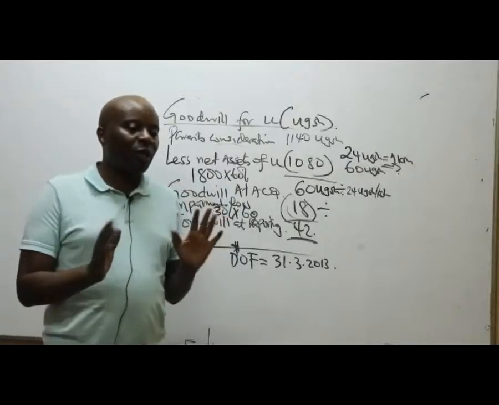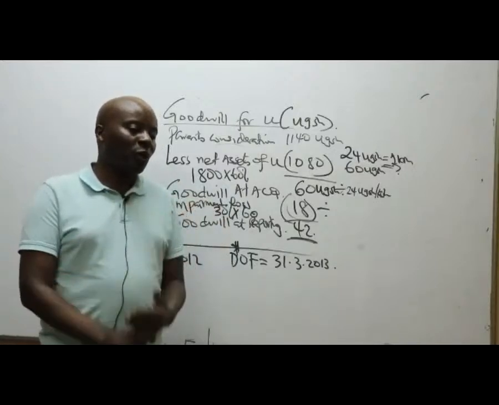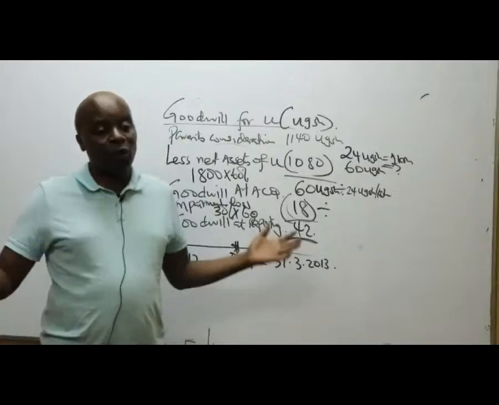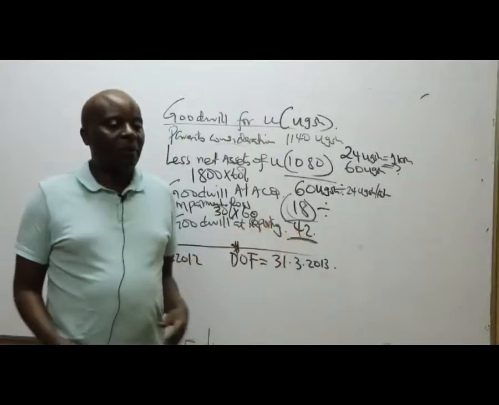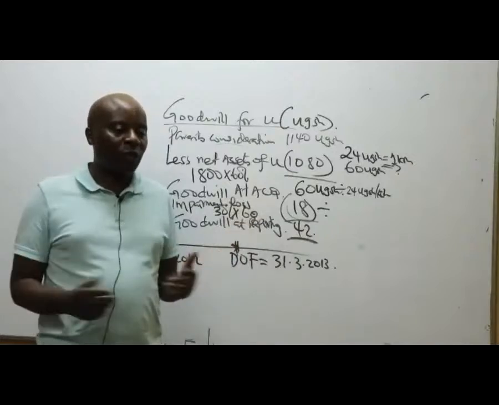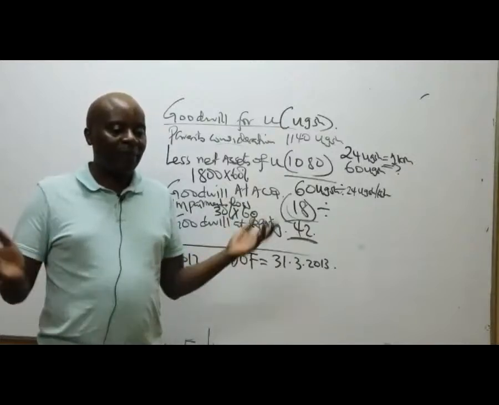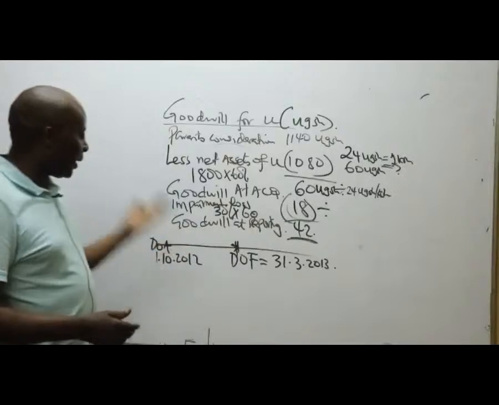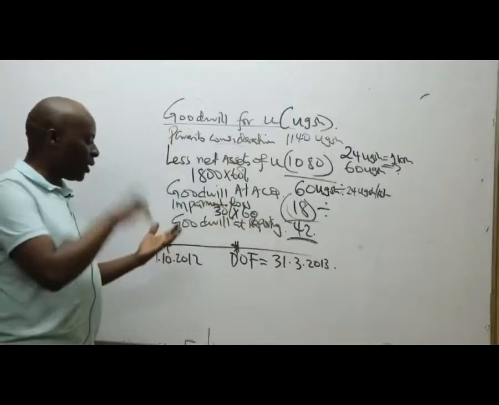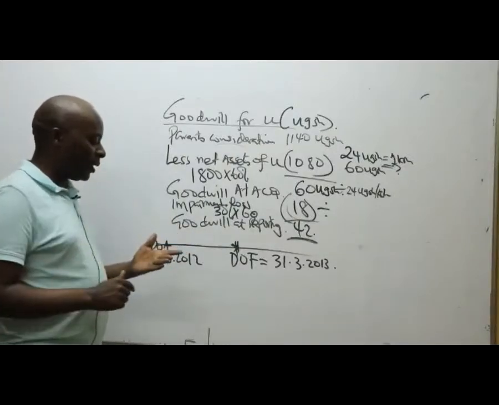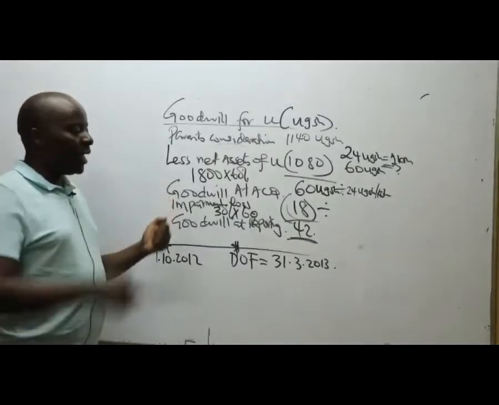For some reason, ladies do not know how to count this number of months very well. Most of them don't get it right. Men, I know men, we are always accurate with time, 100%. So count them loudly. This is October. So we have October, November, December, January, February, end of March.